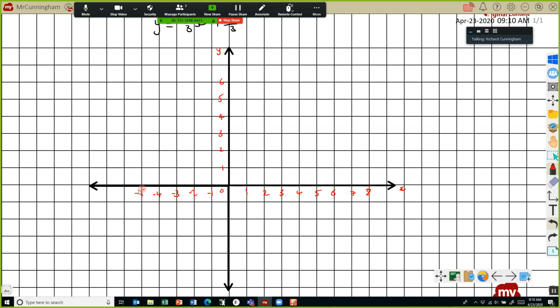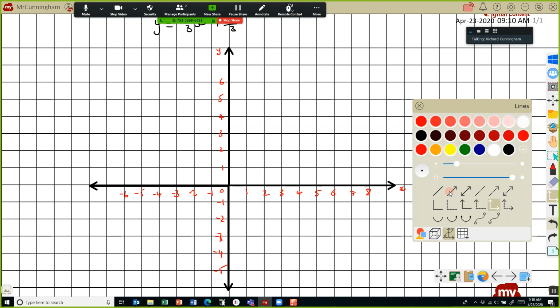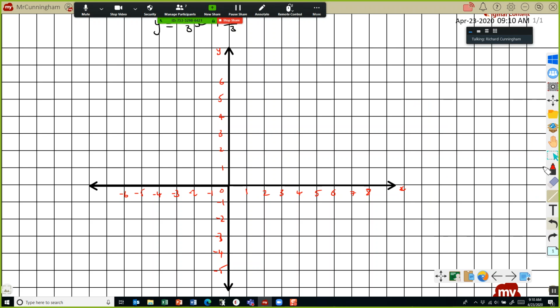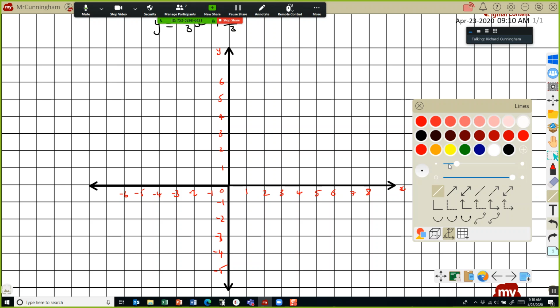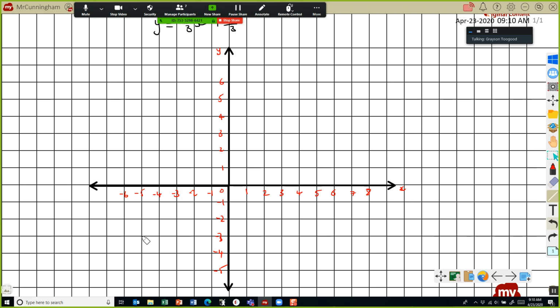-3, -4, -5, -6. All right, I'm going to plot 2 lines on here. Let's see, this one, and let's make it a bit thinner. Pick me a color. Good choice. Okay, let's go like this.